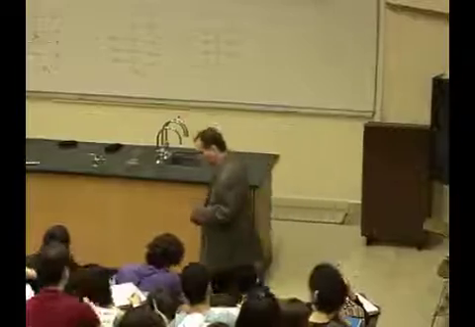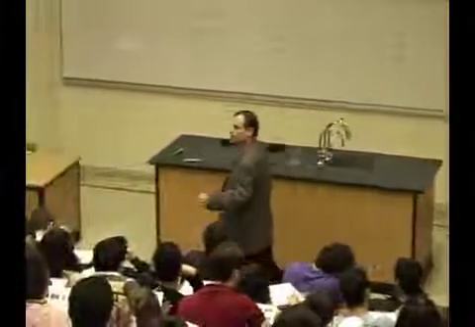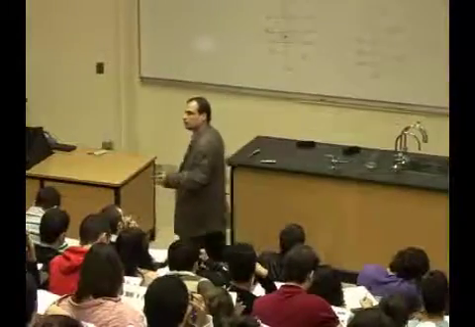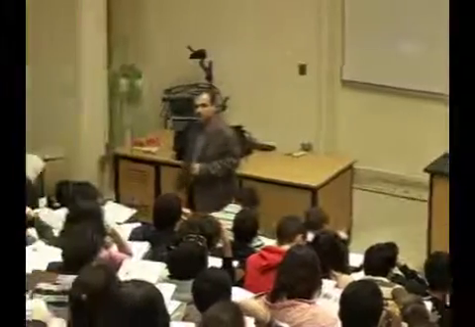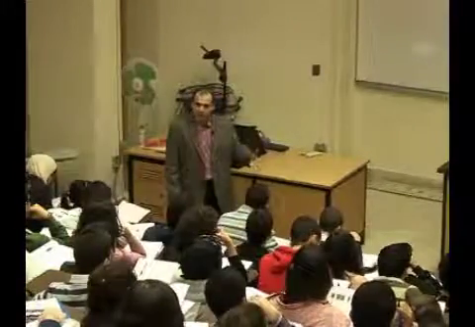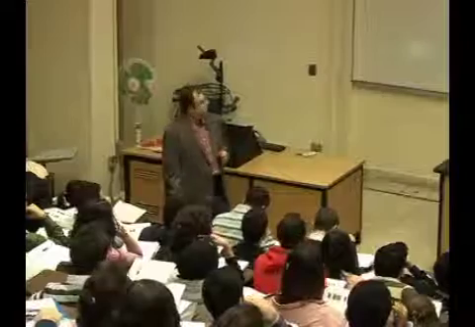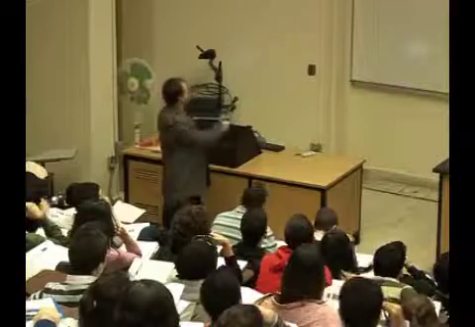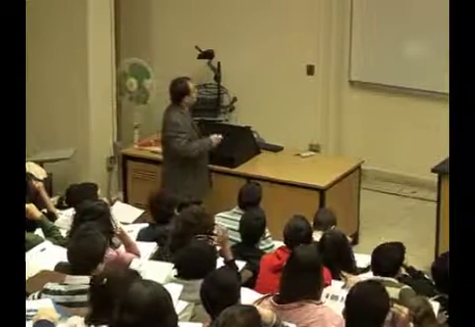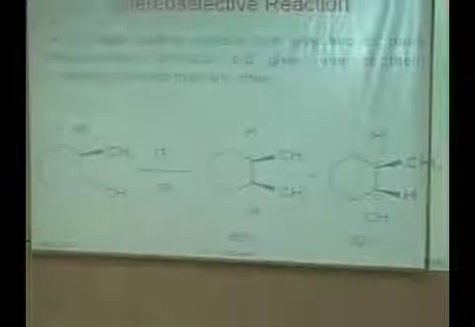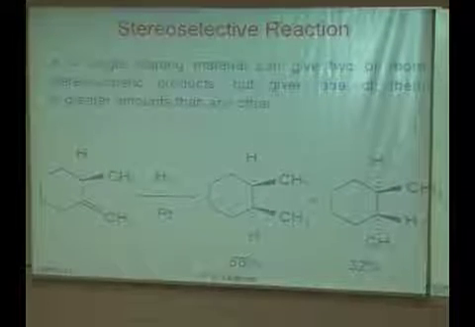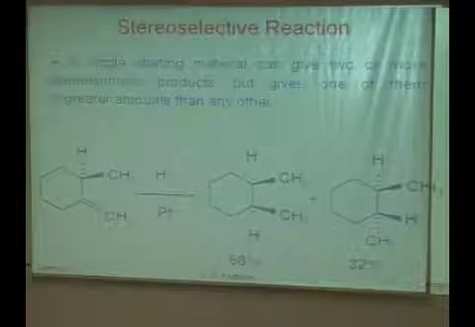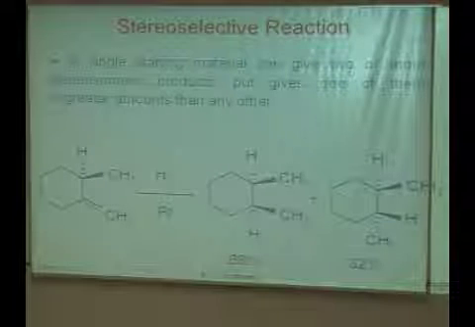We will also learn in Chemistry 211 the hydrogenation reaction, the reduction of a C double bond C into a C single bond C. We will see, after we understand the mechanism of this reaction, that when I take this alkene and I add hydrogen and platinum, I will get two stereoisomers. I am getting the cis and the trans, but I am getting one stereoisomer in excess of the other.